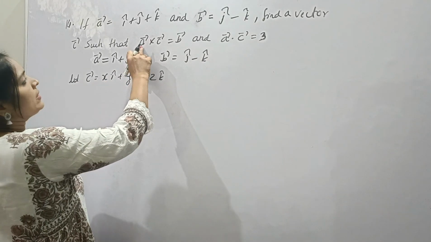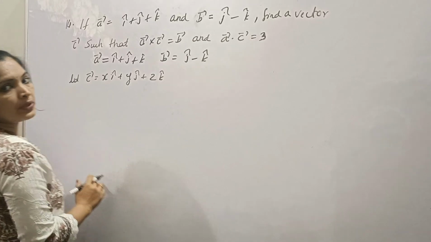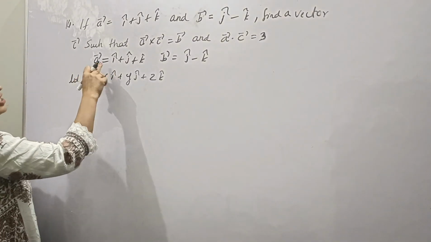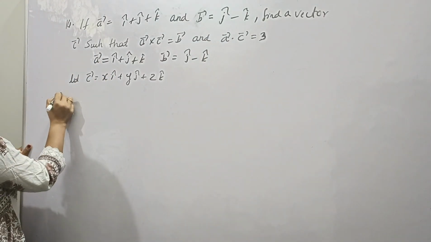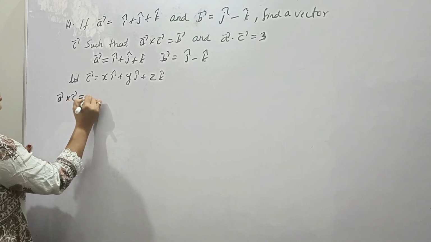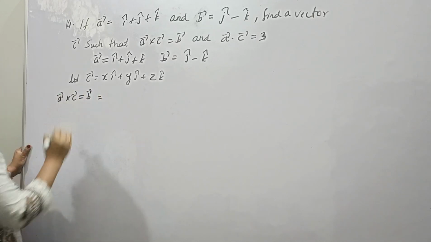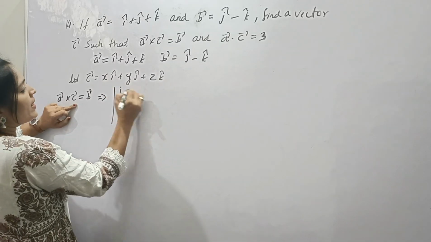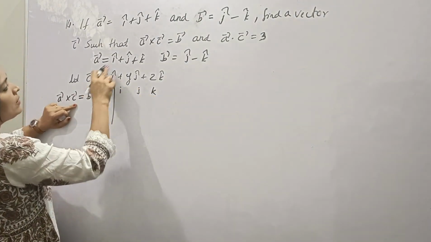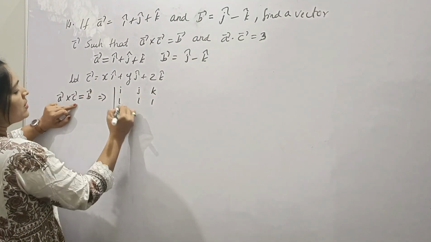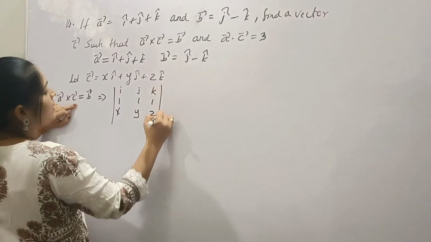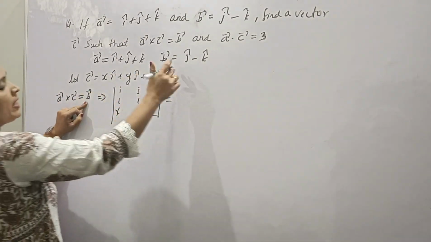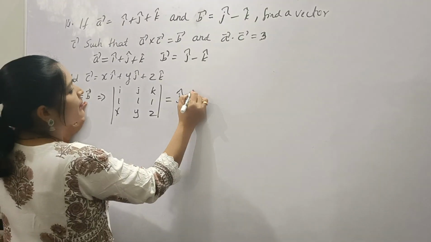It is given that A cross C is equal to B. Let's find the cross product of vector A and vector C. That implies A cross C is the determinant with i j k, 1 1 1, x y z, which is equal to B, that is j minus k.